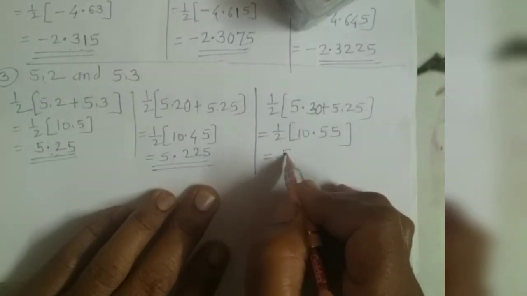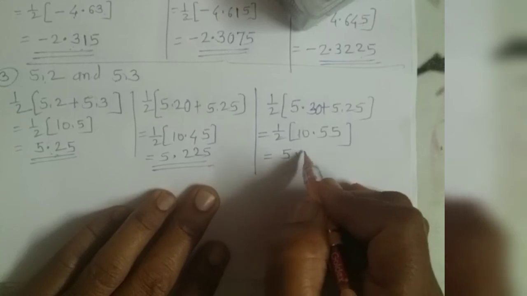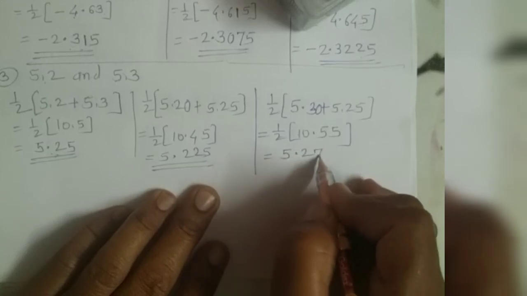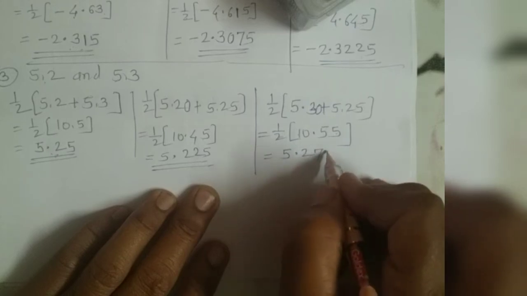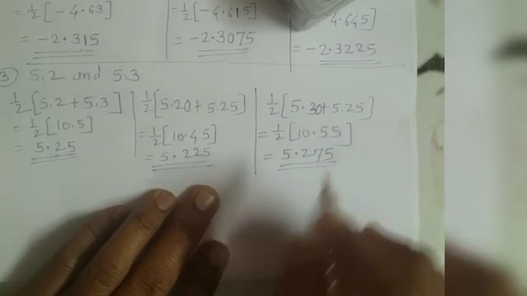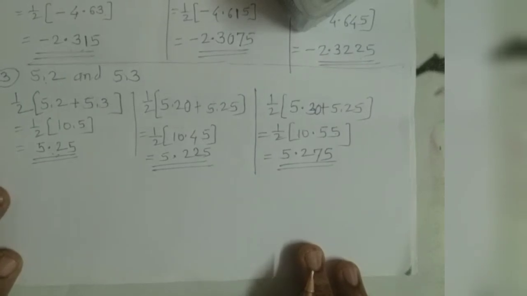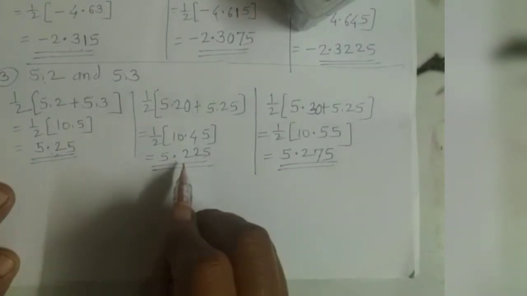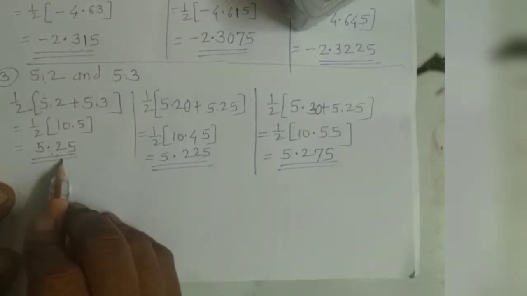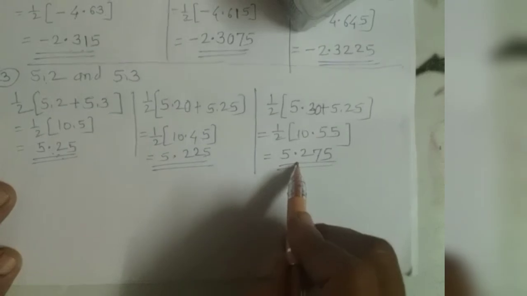Dividing by 2, here we get 2 fives are 10, 2 twos are 4, 1 remaining, and 15 becomes 7 twos are 14, 1 remaining, this is the number. In this way the three numbers are 5.225, 5.25 the second number, and this is the third number.